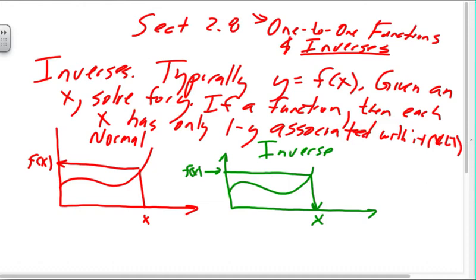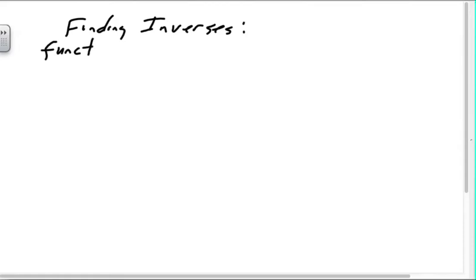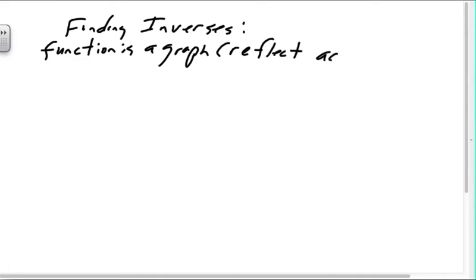And this is the inverse situation. Okay, now when we did inverses in Algebra 2, we basically had three different ways to find the inverse of a function. Okay, if your function was given as a graph, then you reflect across y equals x. There's our first one.